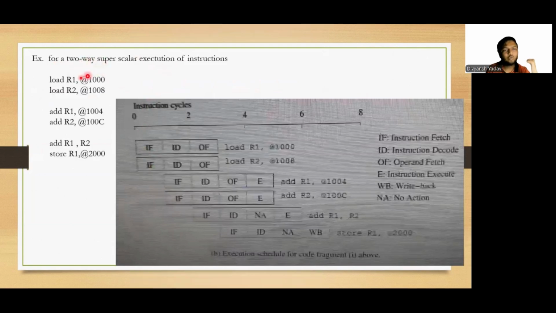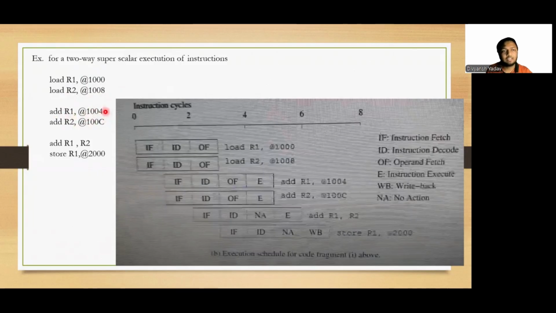Here is an example of two-way superscalar execution of instructions. These are the instructions. At first it's load R1 at the address 1000, so it will load the value, and add 1000 there to R1. And then same for R2, it will load the value at 1008 and add R1, comma 1004.